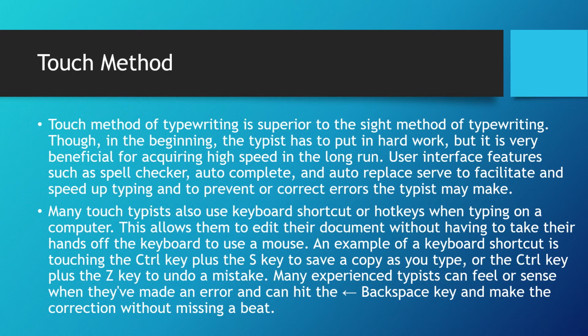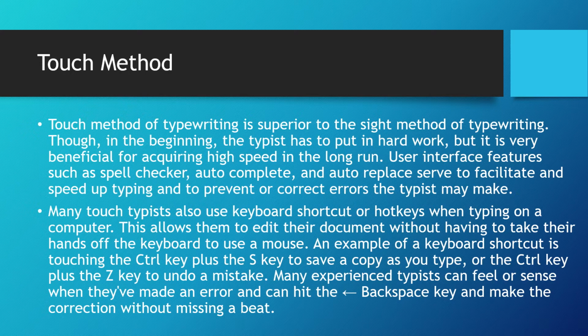Touch method of typewriting is definitely the superior method, because it is a professional method. In the beginning, the typist has to put in hard work, but it is very beneficial for acquiring high speed in the long run. User interface features such as spell checker, autocomplete, and auto replace serve to facilitate and speed up the typing.